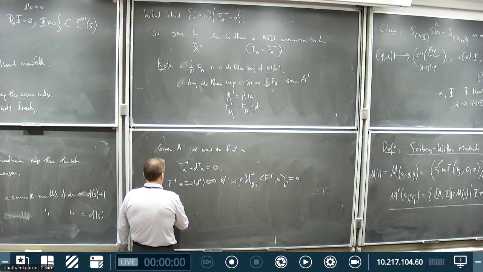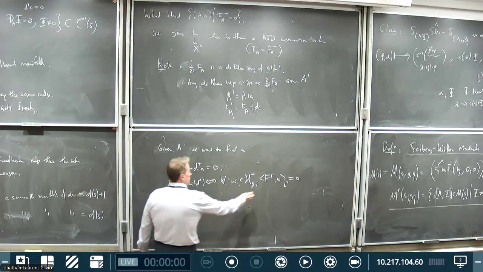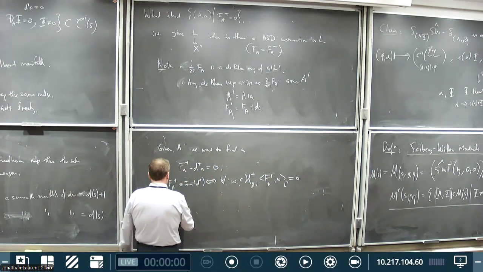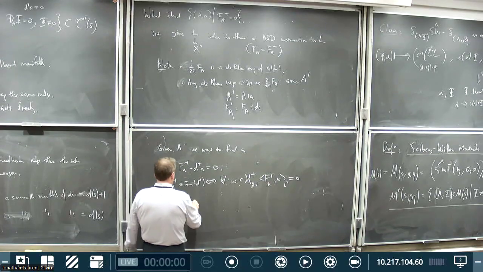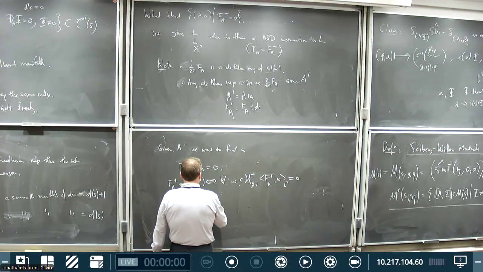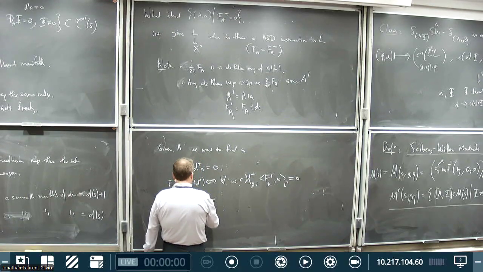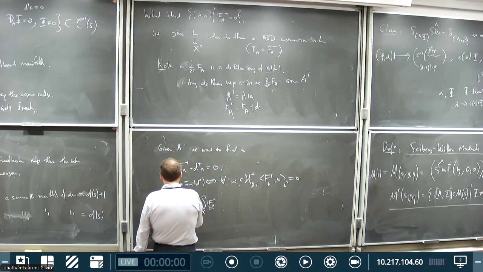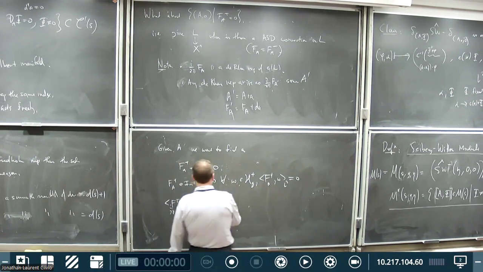Well, this inner product is the integral over X of F plus wedge omega, up to a factor of i over 2 pi, so omega is a real form or whatever.